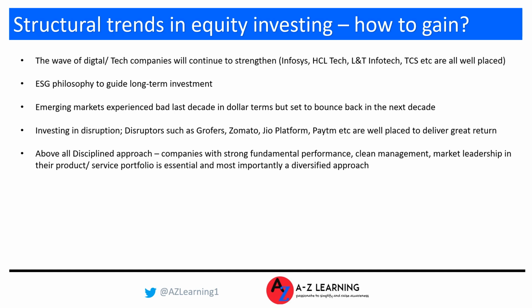But the two or three that take off will give you amazing returns, and that will more than compensate you for the losses that you have made on the things that have gone wrong. So therefore, diversification is the most important discipline that you need to keep in your investment approach.